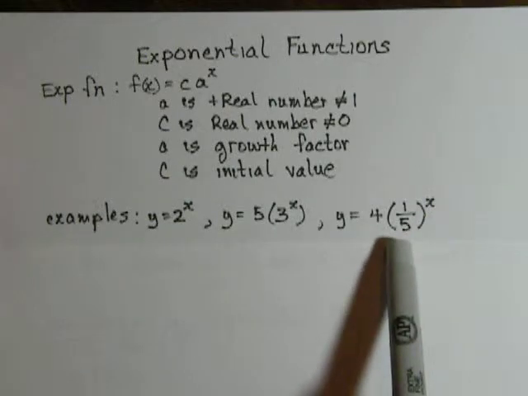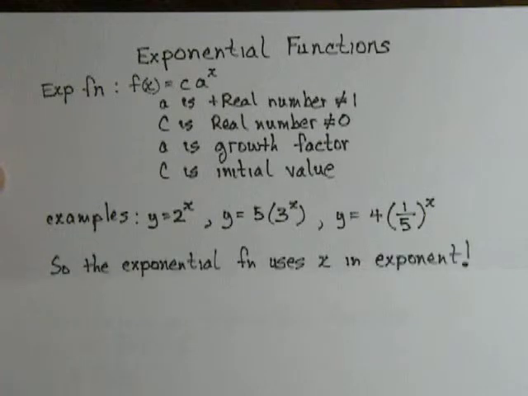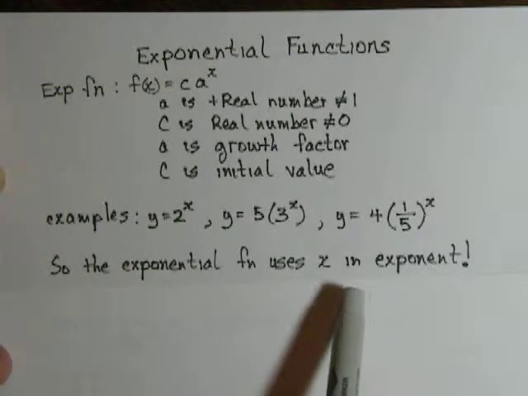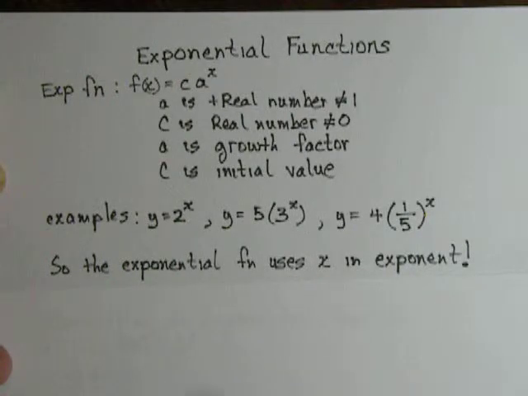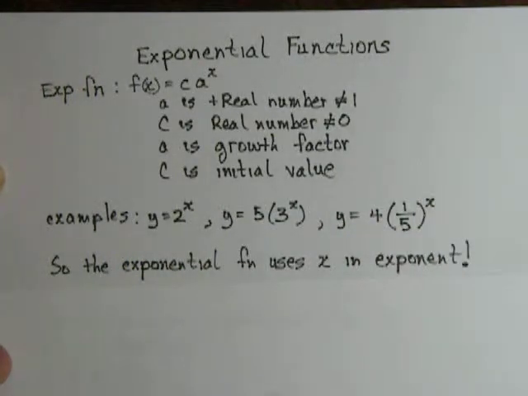Notice the base, in this case, is the fraction 1/5. The punchline? The exponential function uses x in the exponent. That's the key. Notice in every one of these, x is located in the exponent.